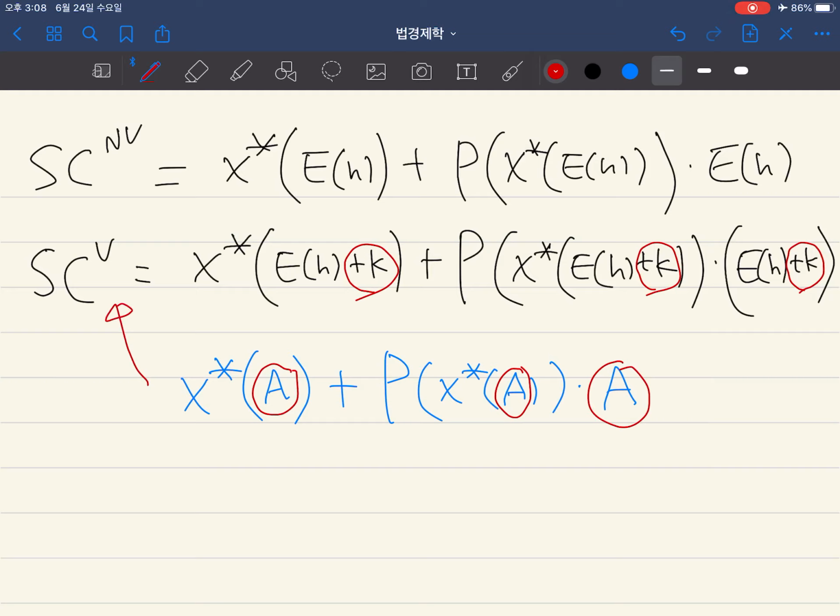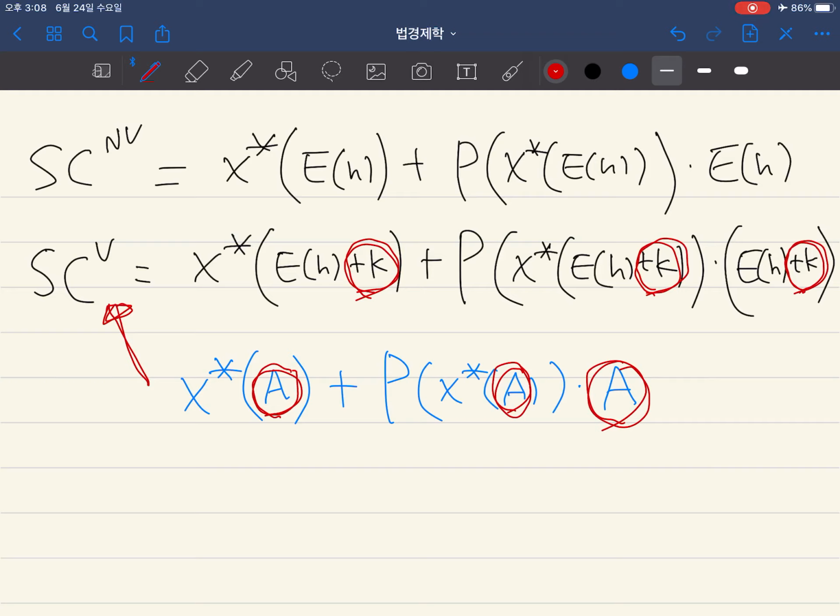So if this K is a positive number, so this is verification process, we can imagine K is a positive number. Then we can see that for social cost under verification, this number A is bigger.